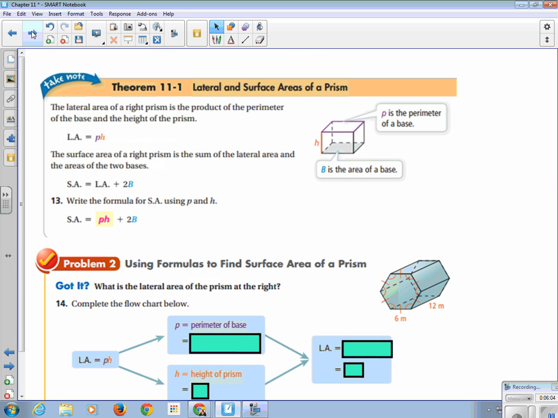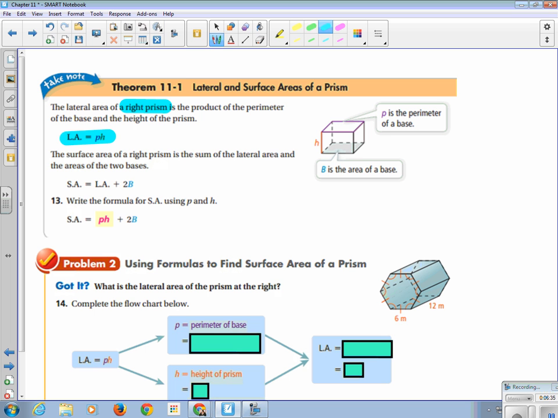Okay, so in your quizzes and tests and on your standardized tests and for the rest of your geometry experience, we're going to need to know the difference between the lateral area and the surface area. So our lateral area for a right prism, so the proper conditions have to be met, is the perimeter times the height.